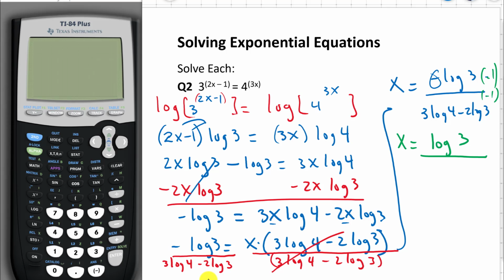And a negative times the 2, I'm going to put it in front. It's positive 2 log 3 now, and a negative times the 3 will make negative 3 log 4. So the green one and the blue one are equivalent solutions. It's just that they have their signs switched around. So don't let that throw you off if you're doing this answer and the book has one way and you have another. Those are both equivalent solutions.